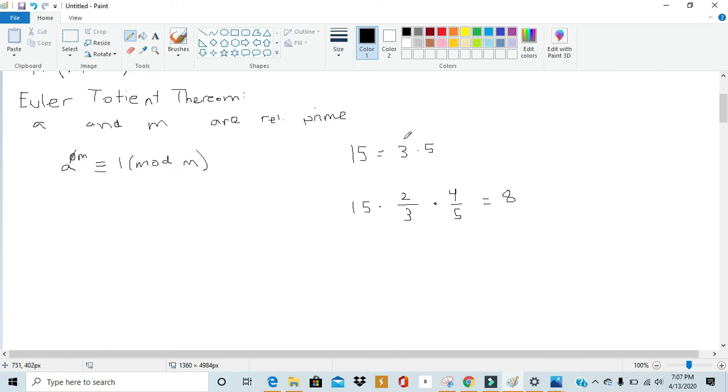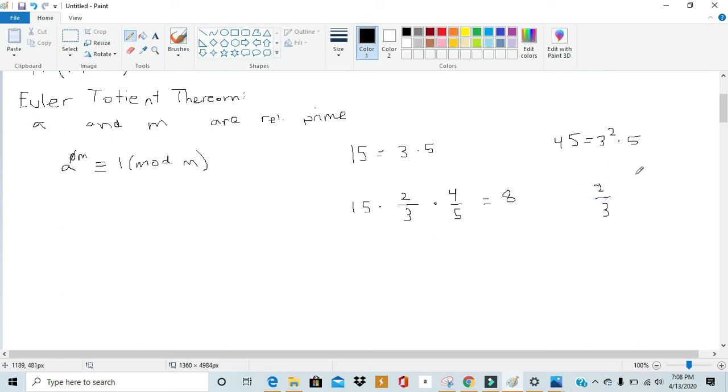Now what if, instead of 15, we got 45, and that was 3 squared times 5? How would we find the totient of that? Well, we don't really care about exponents when finding the totient function. Once again, we would do the exact same steps as we did with 15. We would bring down the 3, and we would write it as 3 with the number 1 less than 3 on the numerator.